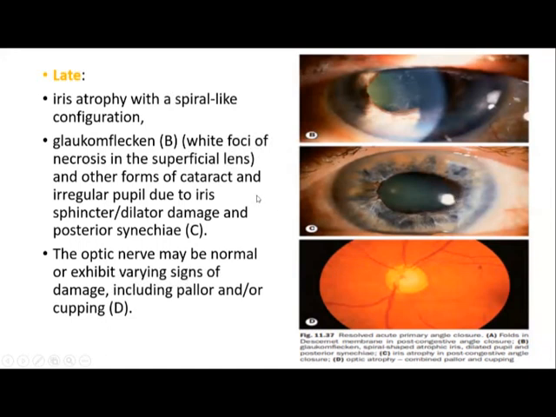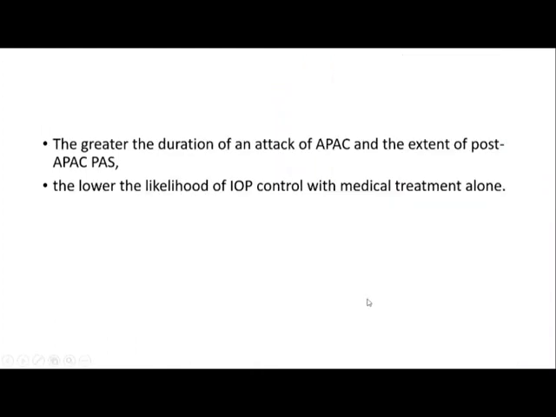The optic nerve may be normal or exhibit varying signs of damage, including pallor and or cupping. The greater the duration of attack of acute primary angle closure and the extent of post-APAC peripheral anterior synechia, the lower the likelihood of IOP control with medical treatment alone.